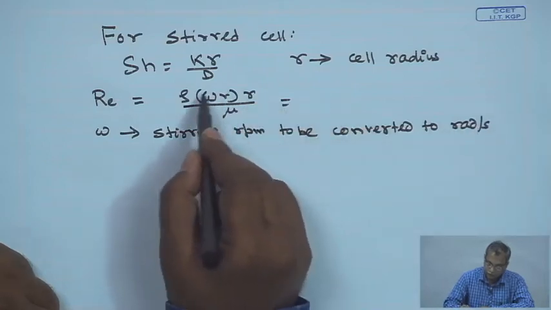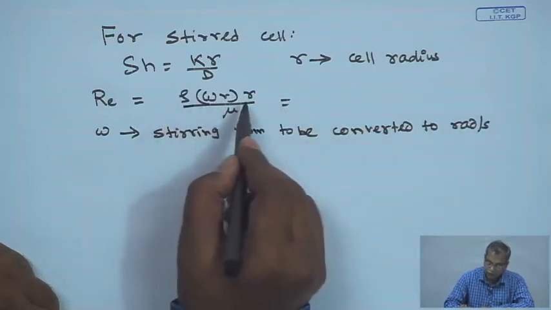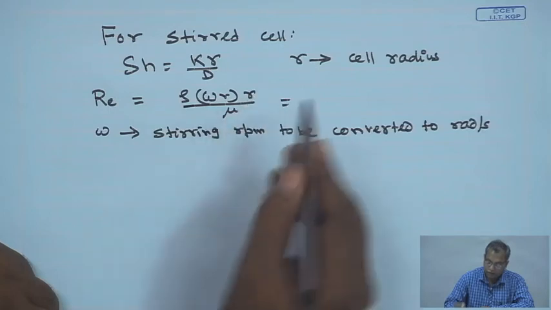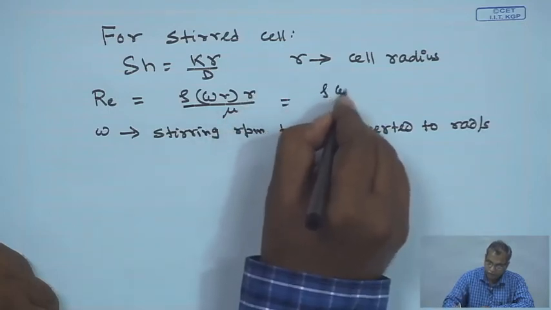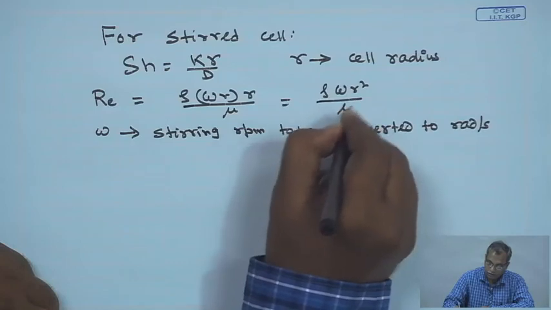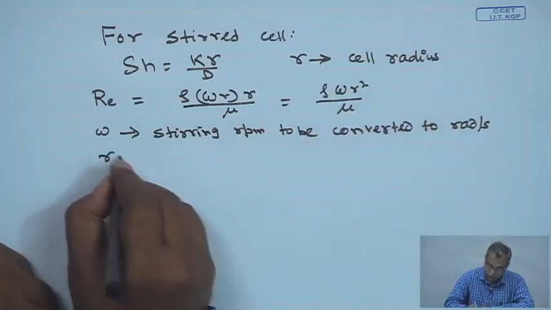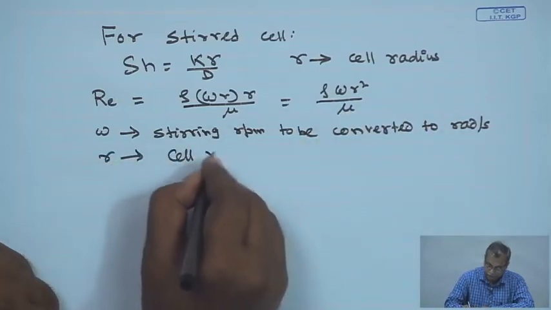So, this will have a unit of velocity. So, rho v r divided by mu, r is the radius of the cell. So, this will become rho omega r square by mu, where r is the cell radius.